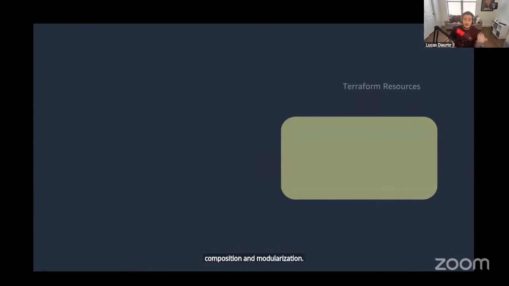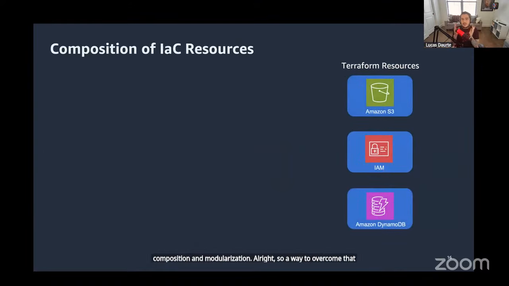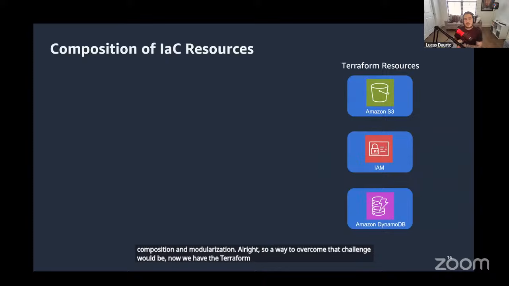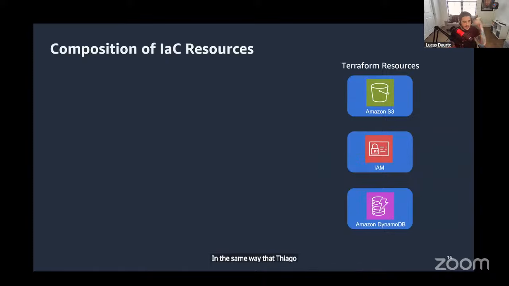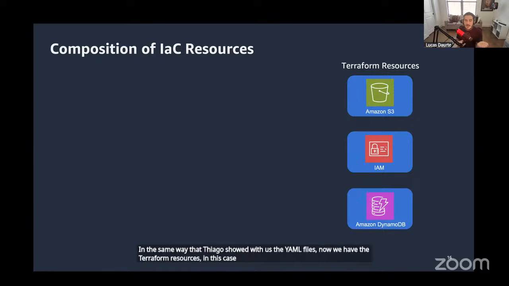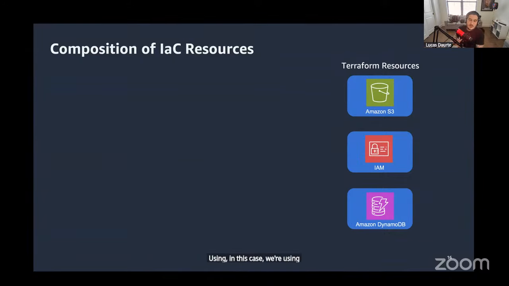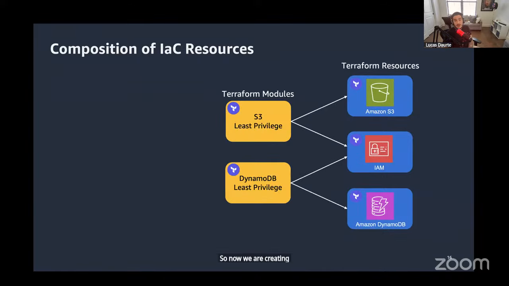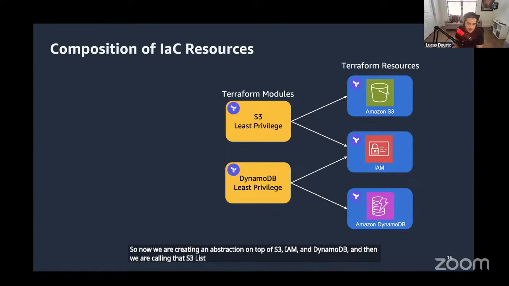All right, so a way to overcome that challenge: now we have the Terraform resources, in the same way that Tiago showed us the YAML files. Now we have the Terraform resources, in this case, Amazon S3, IAM, and DynamoDB. We can do one level of composition using, in this case, Terraform as an example. So that would be your Terraform modules. So now we are creating an abstraction on top of S3, IAM, and DynamoDB, and then we are calling that S3 least privilege and DynamoDB least privilege.